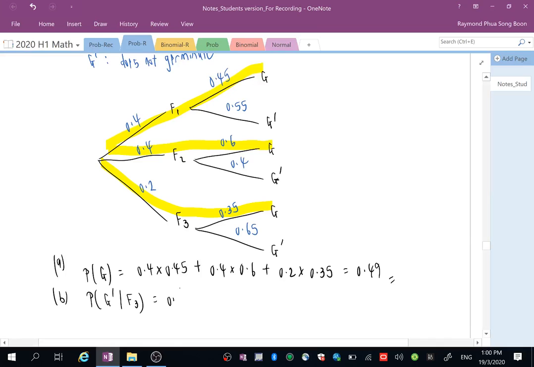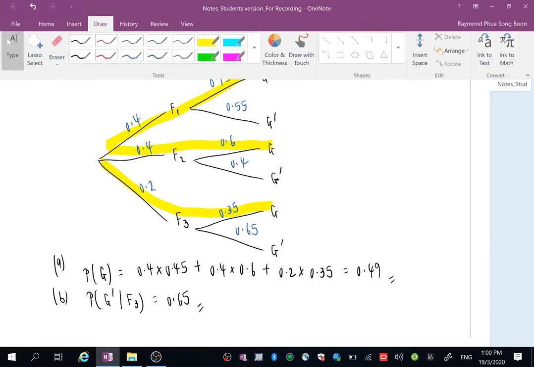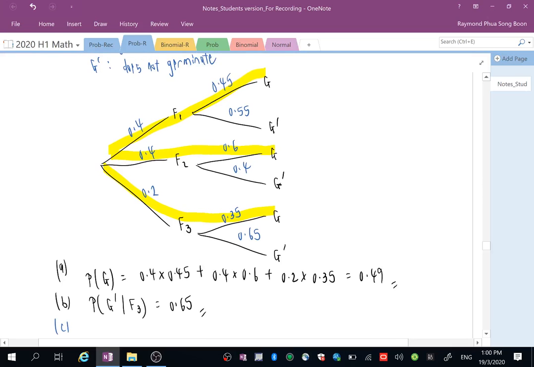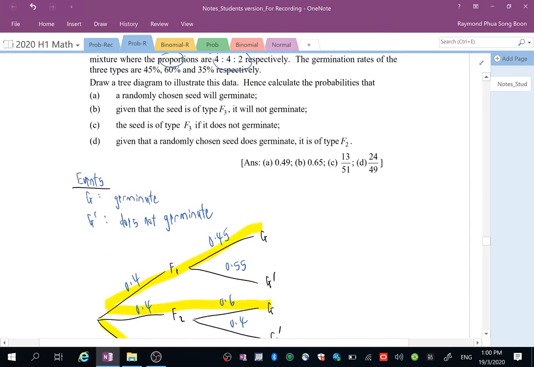From the tree diagram, we can see that this is just 0.65. So we can straight away get our answer from the tree diagram. You can see the tree diagram is actually very useful.